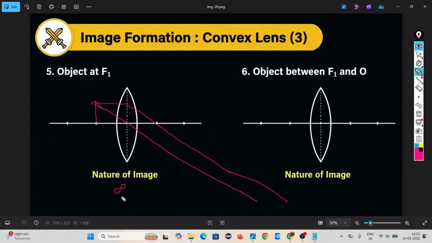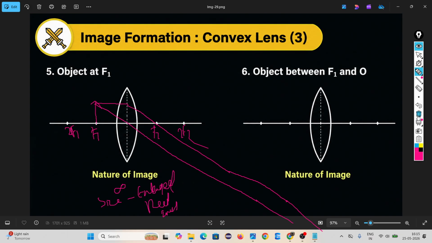Then the image size: if infinity, 100% remember enlarged. And real and inverted. You understand? This is 2F1, F1, F2, 2F2. They will never meet; they will meet at infinity.